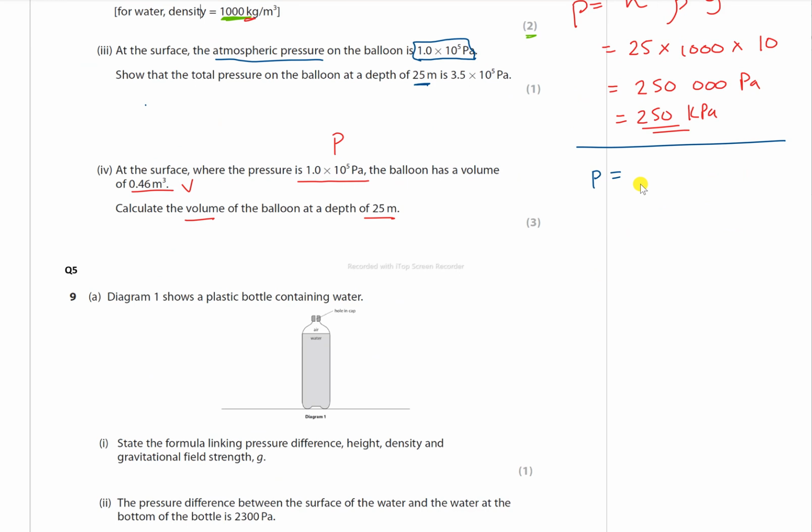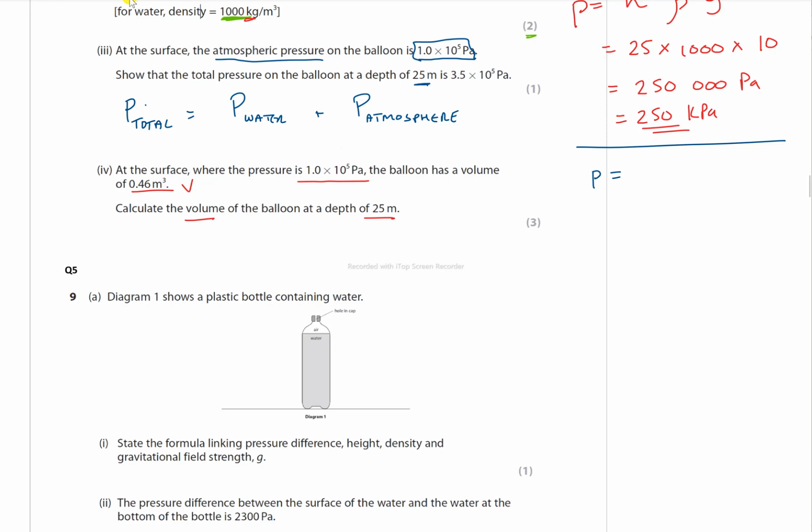So the total pressure is pressure due to the liquid or water plus the pressure in the atmosphere. Right.